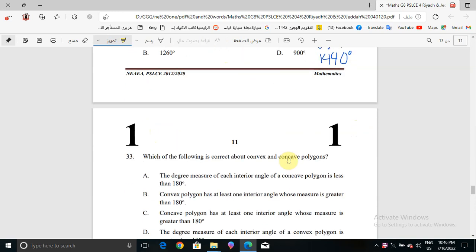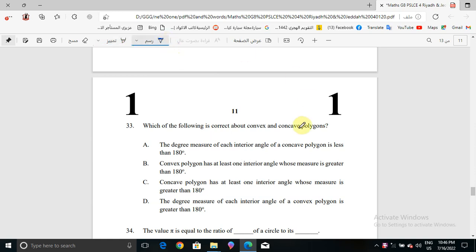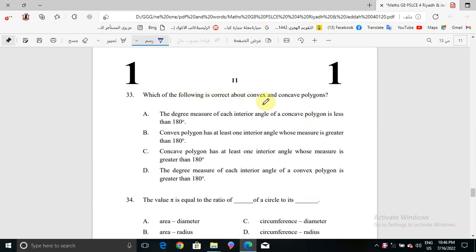Now question number 33 is asking which of the following is correct about convex and concave polygons. The degree measure of each interior angle of a concave polygon is less than 180 degrees, or a convex polygon has at least one interior angle whose measure is greater than 120, or a concave polygon has at least one interior angle whose measure is greater than 120, or the degree measure of each interior angle of a convex polygon is greater than 180.